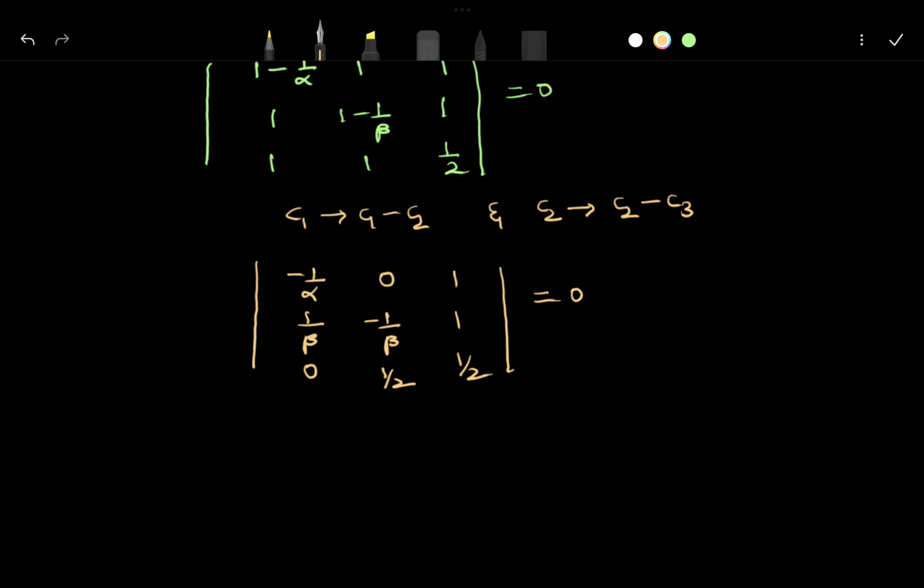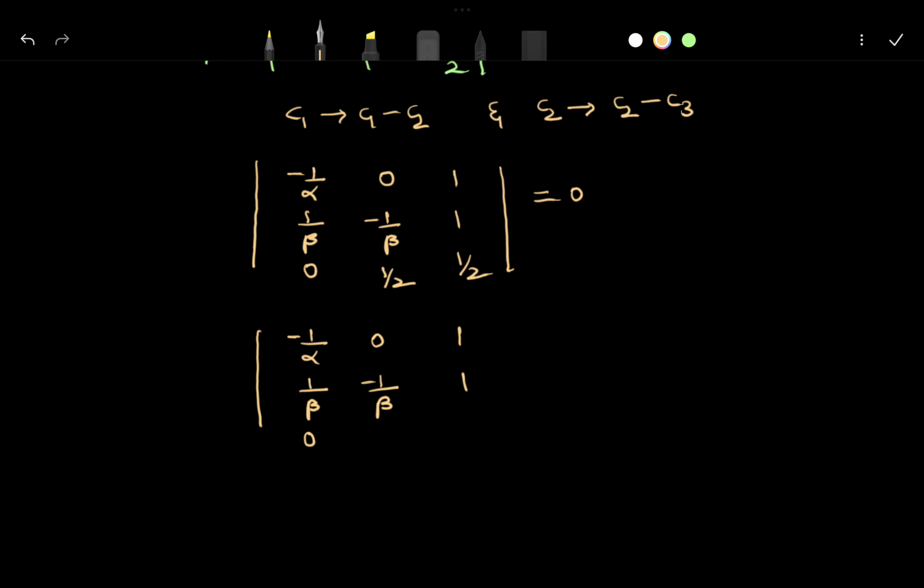If you take 1 by 2 as the common, then it becomes 1 by 2, and cross multiply, that will be equals to det of minus 1 by alpha, 0 and 1, and next one is 1 by beta and minus 1 by beta and next one is 1. Okay, and next one will be 1 comma 1 comma 0 comma 1 comma 1. So now is equals to 0. Here 1 by 2 you take the common from third row and cross multiply.